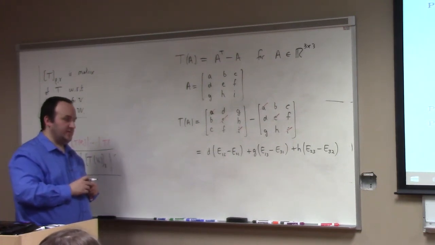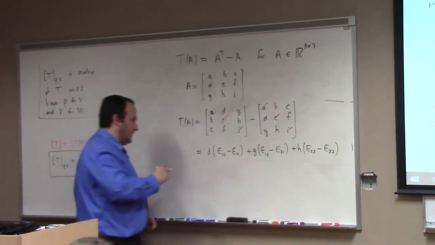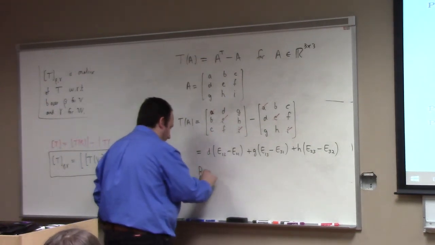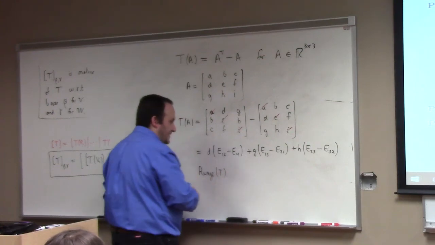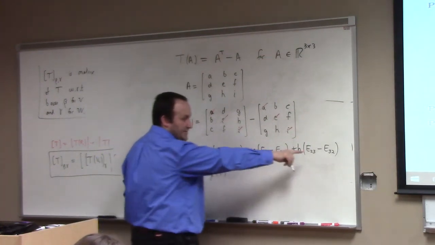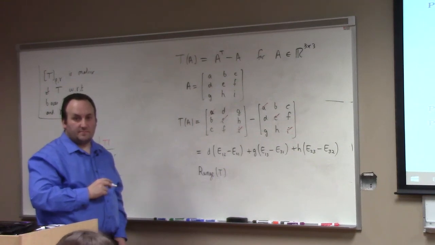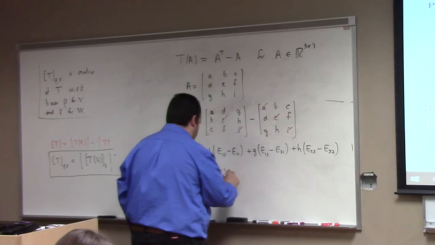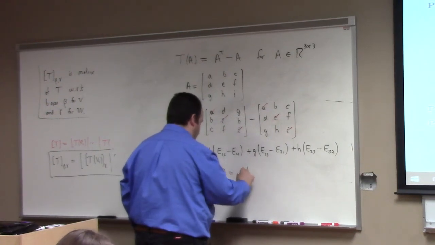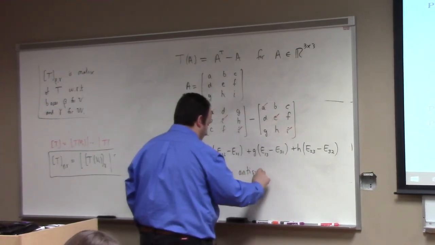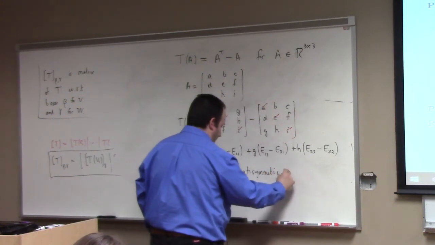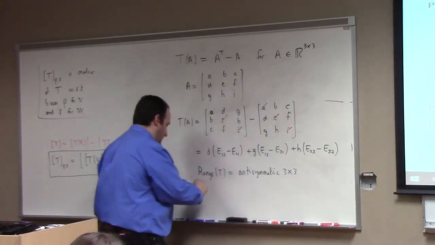I mean, you should be able to see the range from this formula. The range of T is in fact the antisymmetric matrices, because these form a basis for antisymmetric 3×3 matrices. We've seen that before. Okay, so range of T is the antisymmetric 3×3s. What's the kernel?